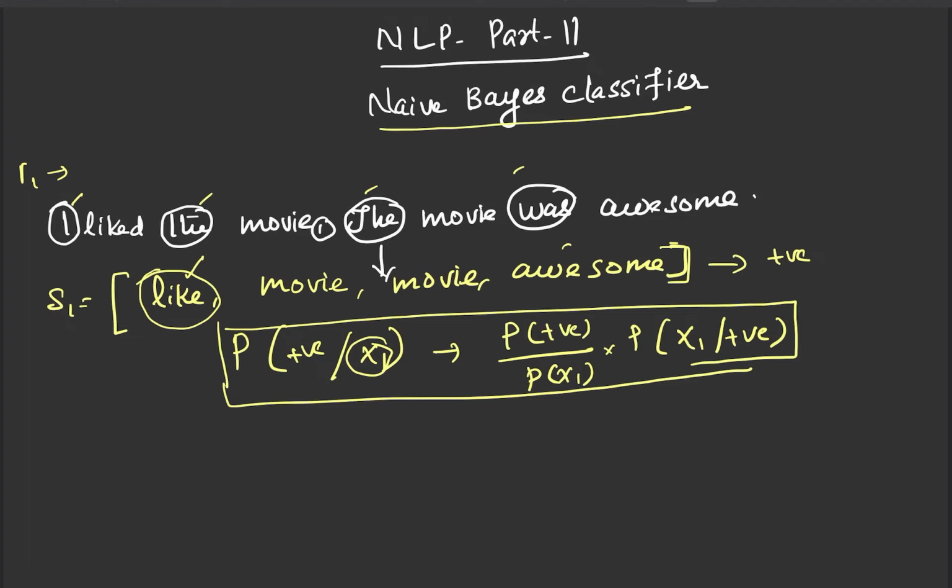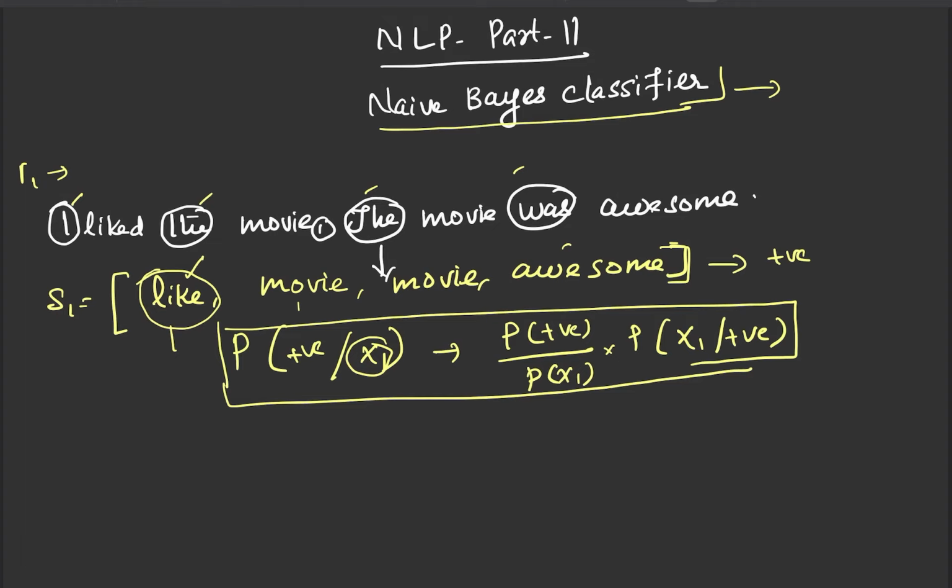The assumption says that like, movie, all these words are independent, which may not be true in NLP problems, because when we look at an English sentence, some of the words are sequential and possess some information. But the Naive Bayes classifier has the simple assumption that each word is independent and there is no correlation.